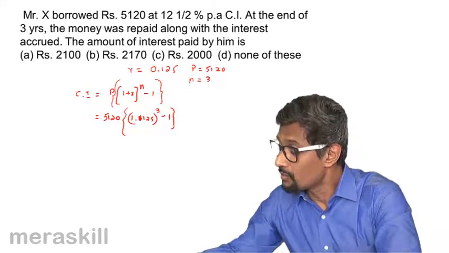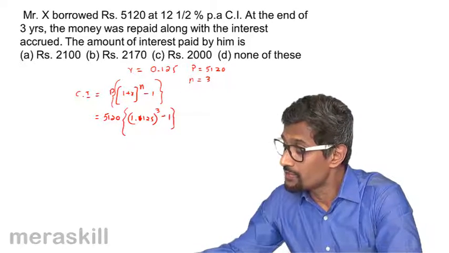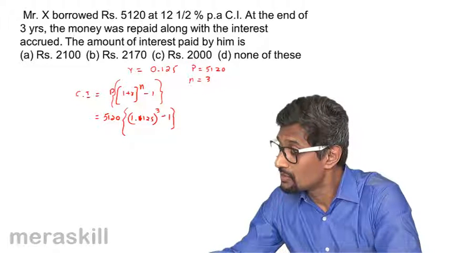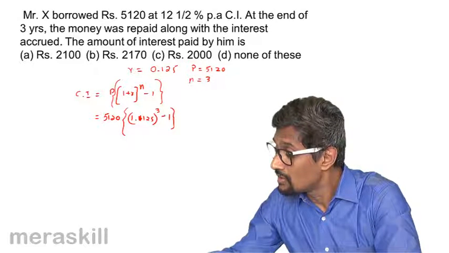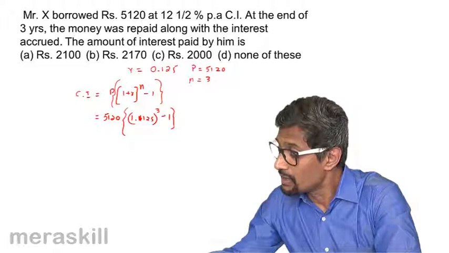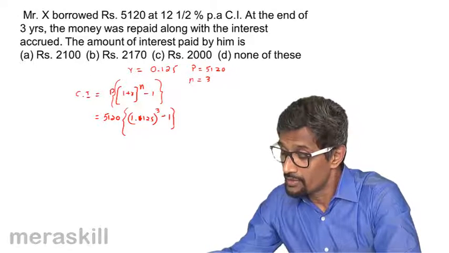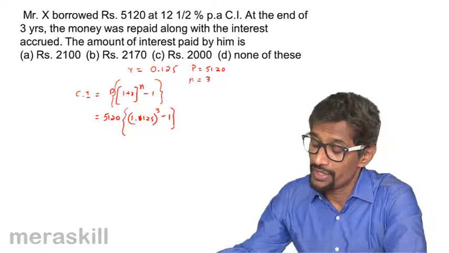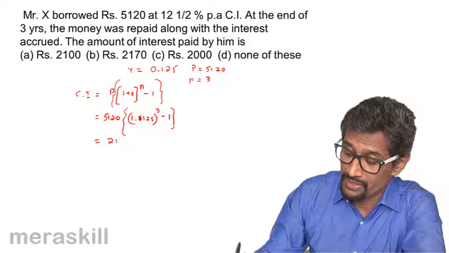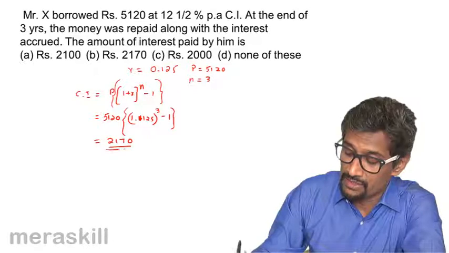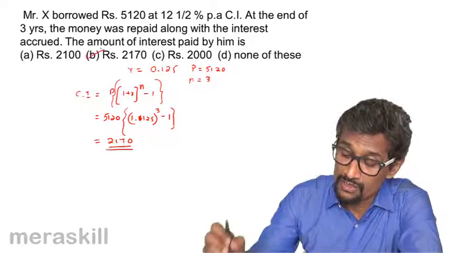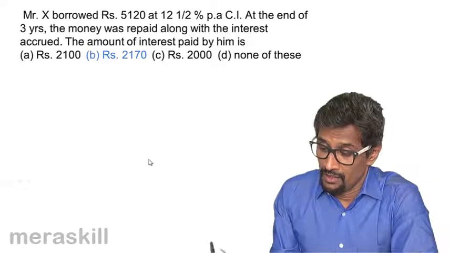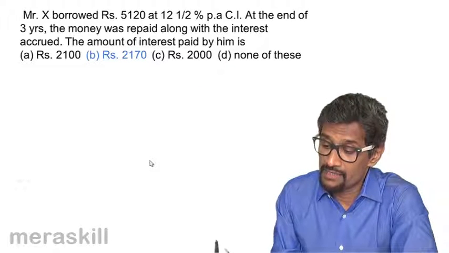So it's going to be 1.125 cubed, minus 1, into 5120. So you get 2170. So we get 2170 as the right answer. Okay, yes, it does tally.